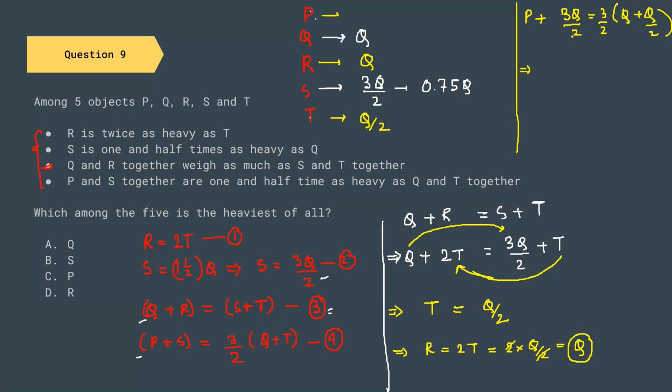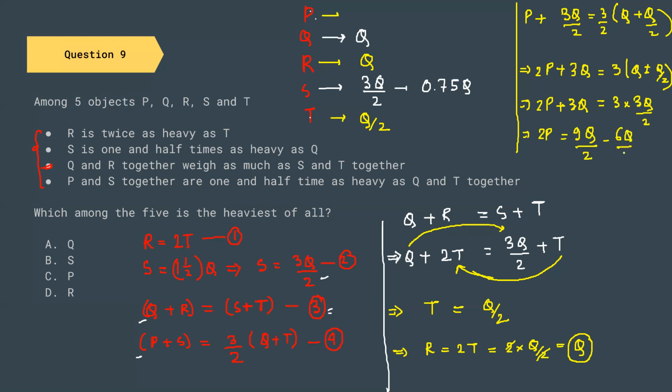What we can do is we can multiply by 2, so you can write 2P, and then 3Q, and then 3 times (Q + Q by 2). So in the next step, I can easily write 2P + 3Q is equal to 3 into 3Q by 2. So that will be 2P = 9Q by 2 minus 6Q by 2.